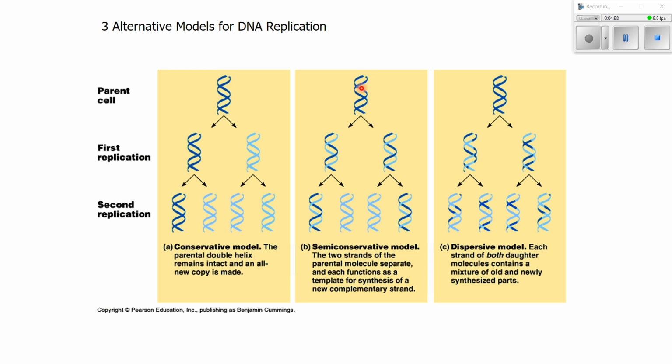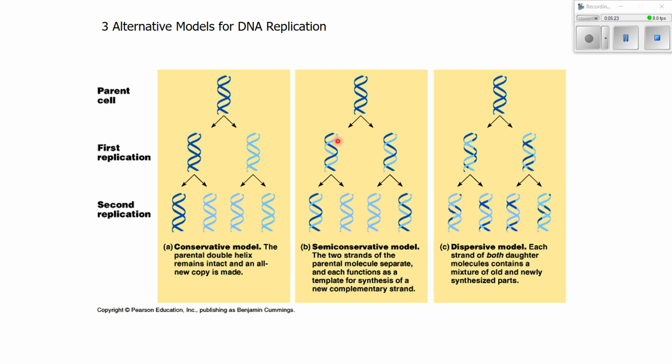They said, okay, so those two strands separate, and then a brand new strand is built for each of the DNA molecules. So when you're finished, you have two DNA molecules. They're exactly the same. They're identical to each other, but each one has an old strand and a new strand, an old dark blue strand and a new light blue strand.